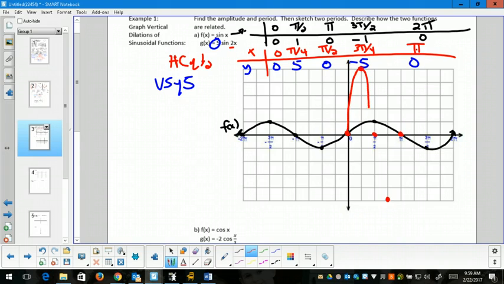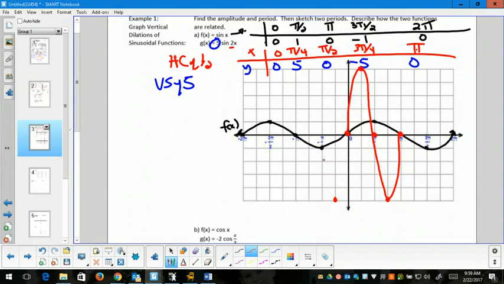So I can physically see the vertical stretch and the horizontal compression, because the one positive period is now half as long in terms of the x-axis. And then I'm just going to repeat this on the other side. At negative pi over 4, sorry, it's going to be down at negative 5 because it was up at positive 5 for pi over 4.